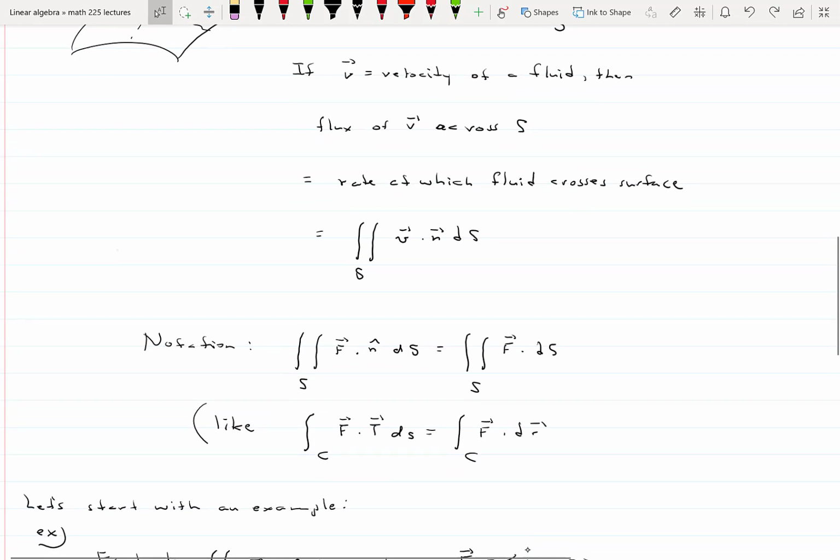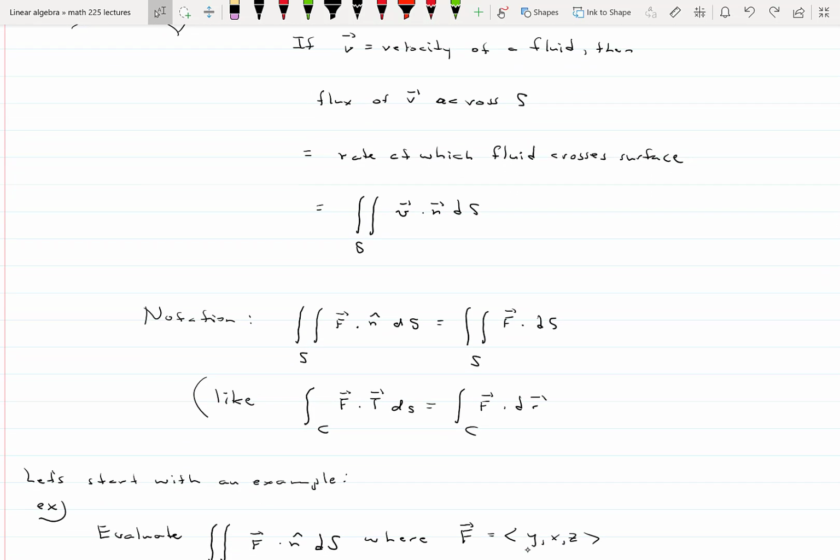And then we had a little bit of notation. It's very common to write the flux integral of F dot n dS as F dot dS, where dS is shorthand for n, the unit normal, times dS, a differential element of surface area.